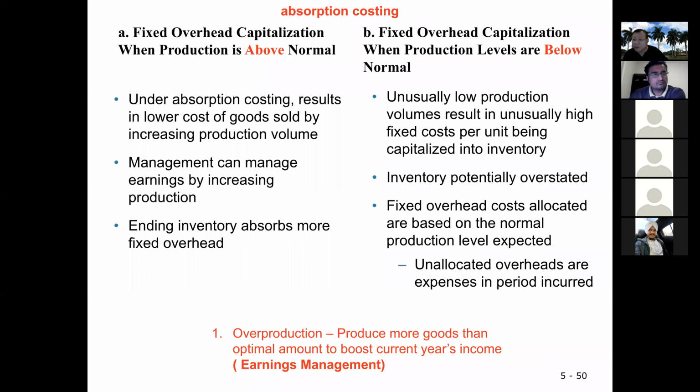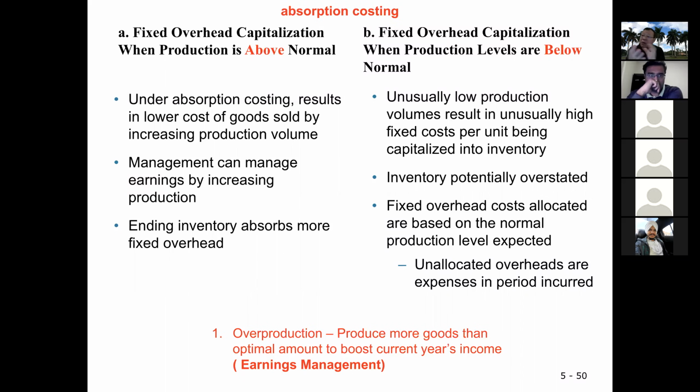Oh yeah. So basically, eventually the ending inventory has to be released, right? Eventually, you have to sell those ending inventories. So whenever the ending inventory is sold, the cost ends up in the income statement, right? If you make the earnings look better this year, next year the earnings will be very bad because the ending inventory will be released.